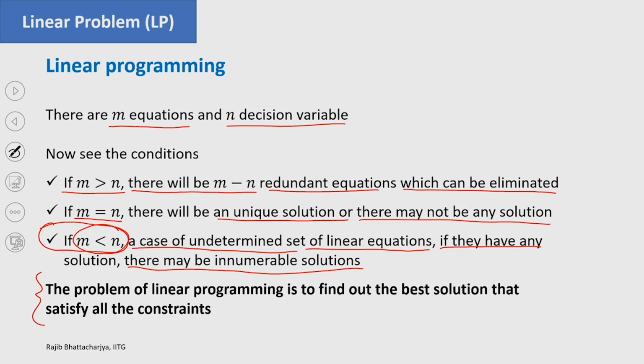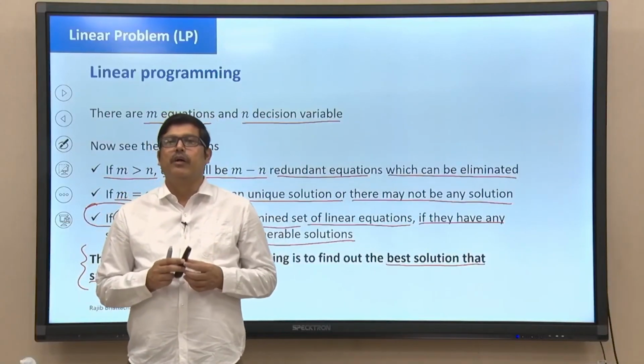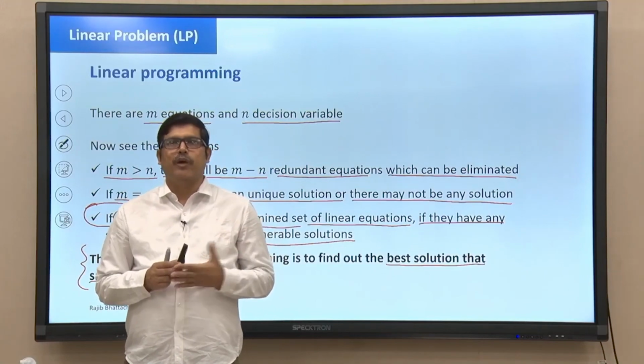If there is a solution, as I said, we may have innumerable solutions. Because you have multiple solutions in this case, the problem of linear programming is to find the best solution that satisfies all the constraints. That is the function of linear programming. So, what we want to do?